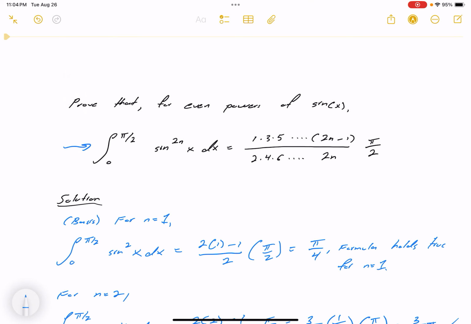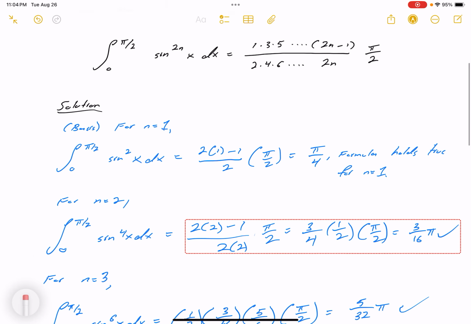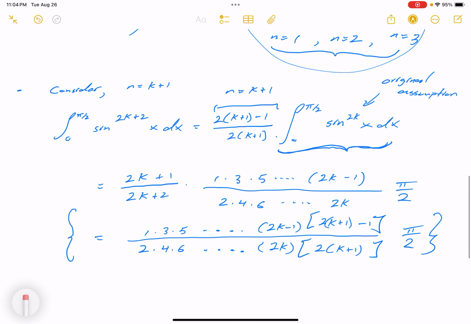It's just a different format. It's the same thing when we let n equal k plus 1. And I'll show you in a minute why if you can't see it yet. That's what we want to prove, so we pretty much proved it by induction. But check this out first.